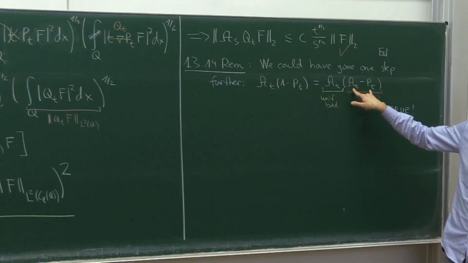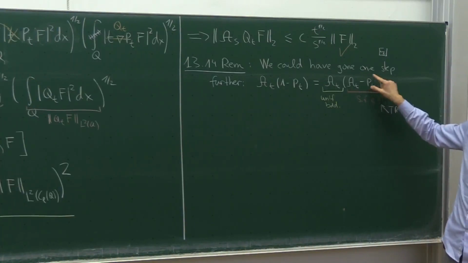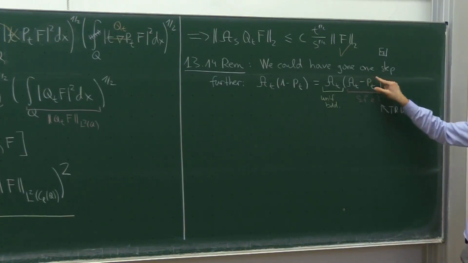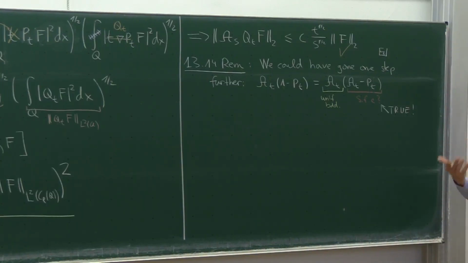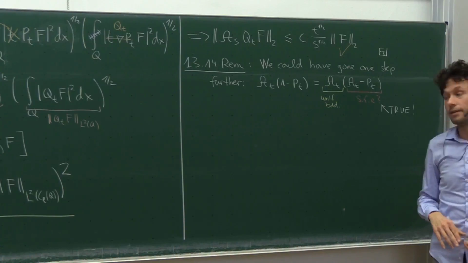So the principle behind is much more transparent if we had bounded this one, but then I would have done much more tedious calculations using kernels of operators, computing explicit Fourier transforms, and so on and so forth.